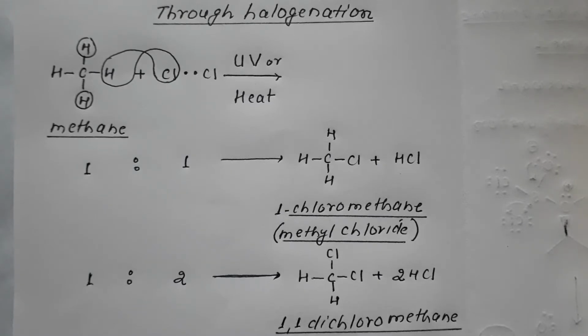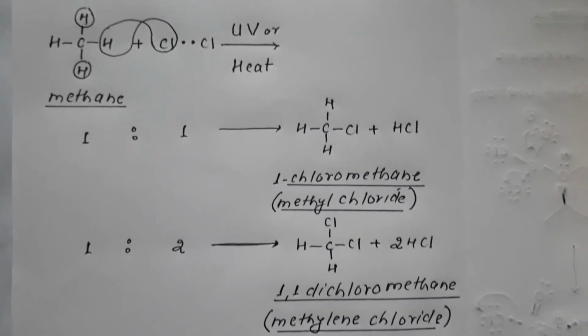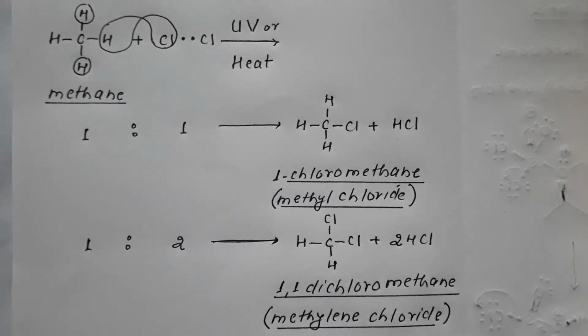This is called 1,1 dichloromethane. In short, it is termed methylene chloride. So in the ratio of 1:1, the product is chloromethane. In the ratio of 1:2, the product is 1,1 dichloromethane, that is methylene chloride.